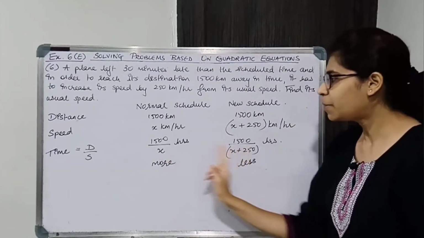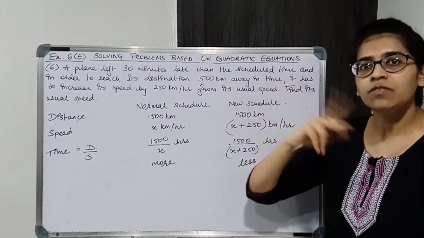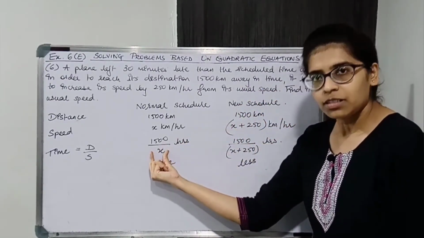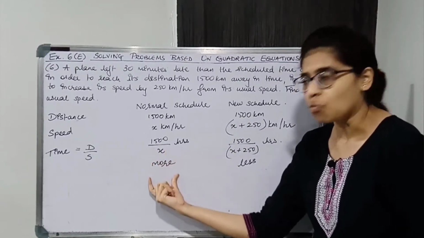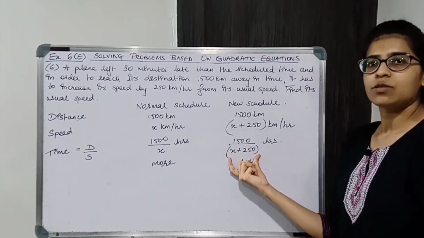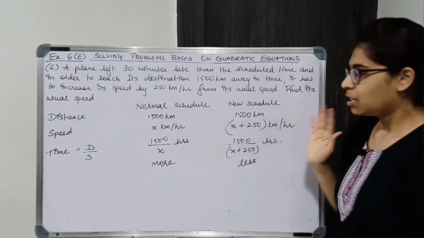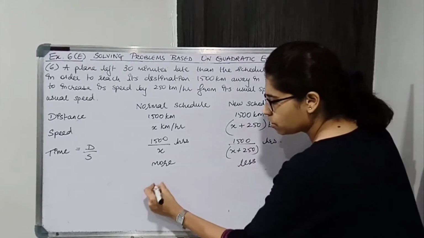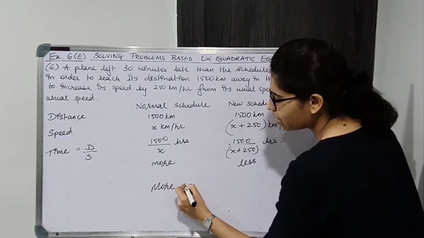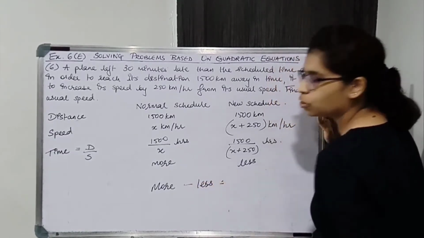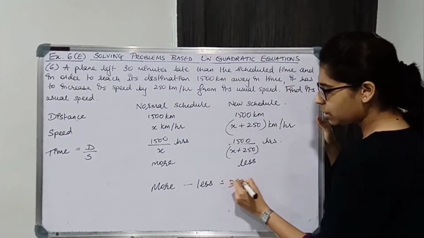So check the denominator, it is an inverse relation. Here the denominator is less, so time is more. Here the denominator is more, so time is less. Now follow the condition. More time minus less time is equal to the difference, which is how much? 30 minutes.